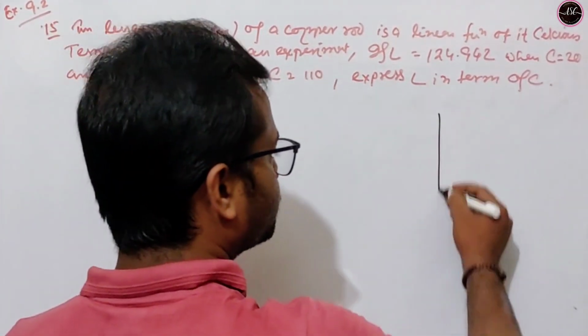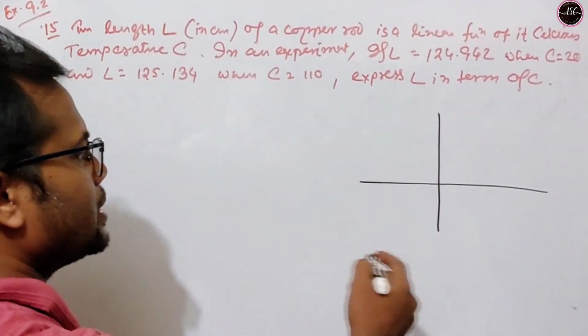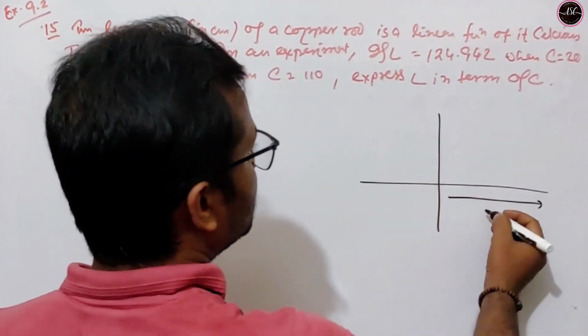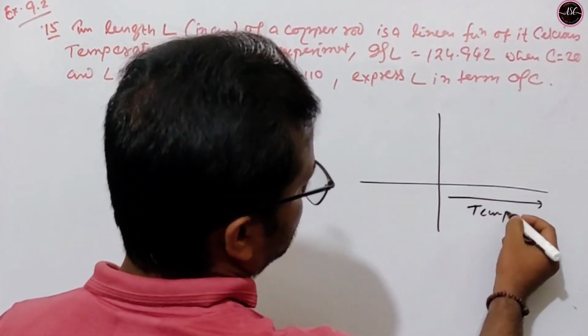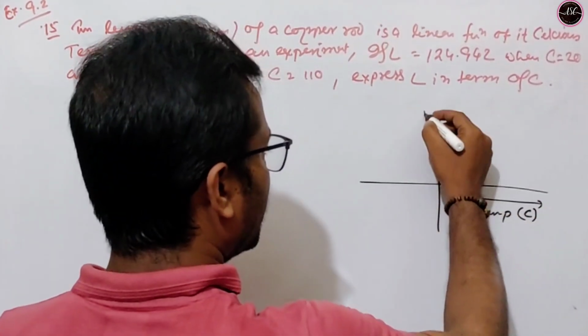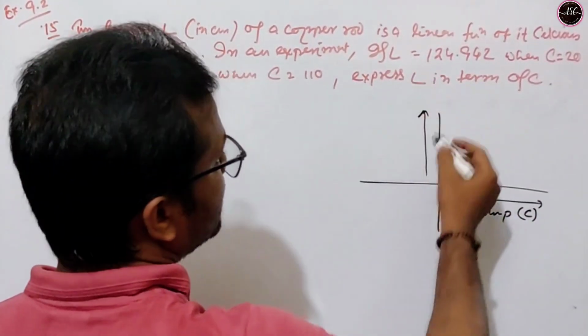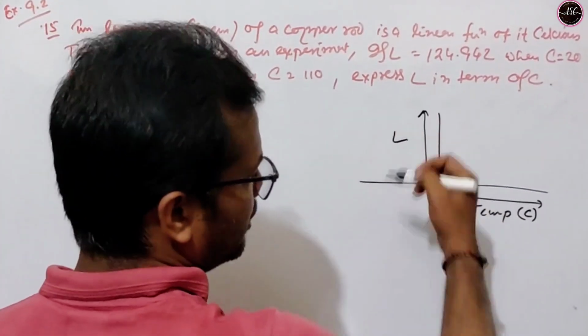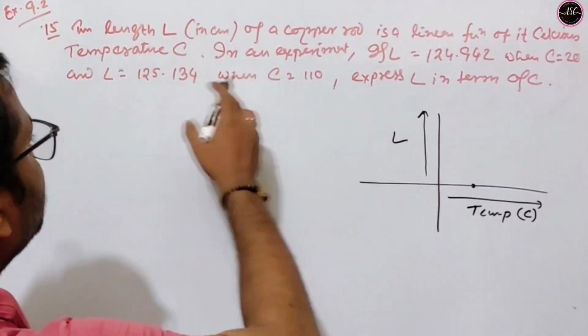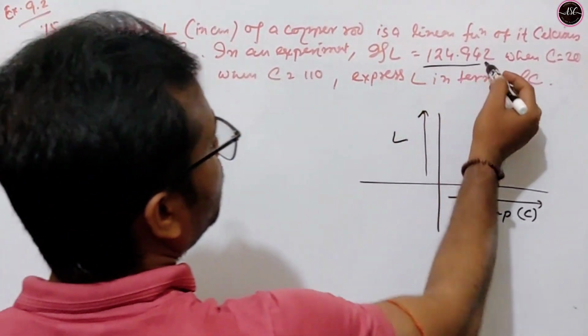So if we draw the axes, let this be the temperature along the x axis, that means C, and along the y axis this is the length, that means L. So when the temperature is 20, the length is 124.942.